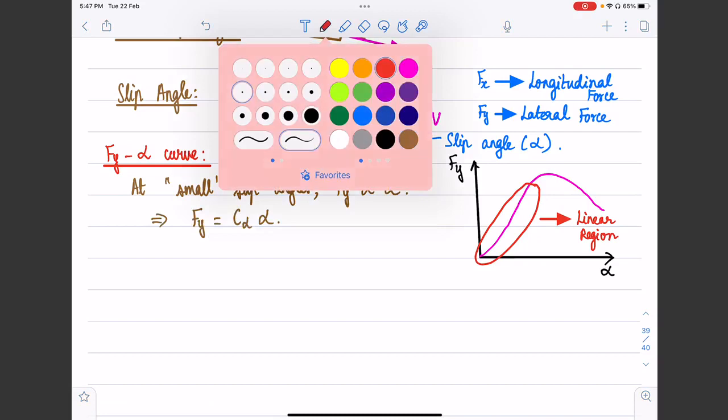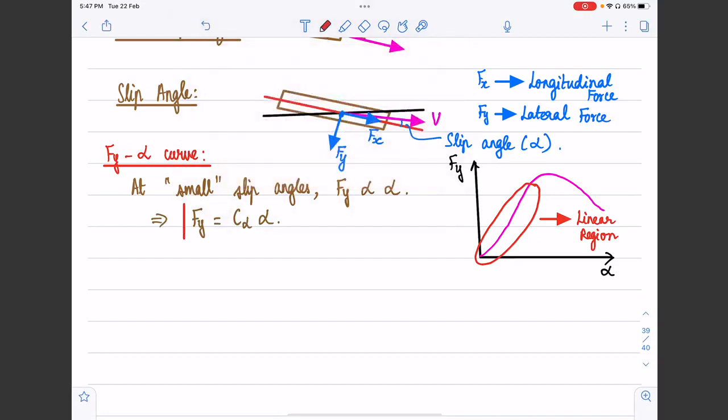So this C alpha is the constant of proportionality, and it is what is called the tire cornering stiffness, a very important property as far as cornering dynamics is concerned.